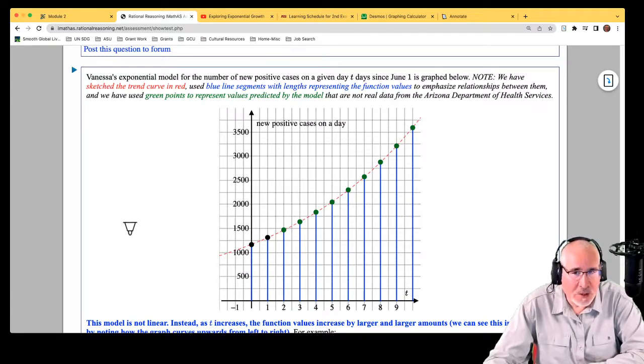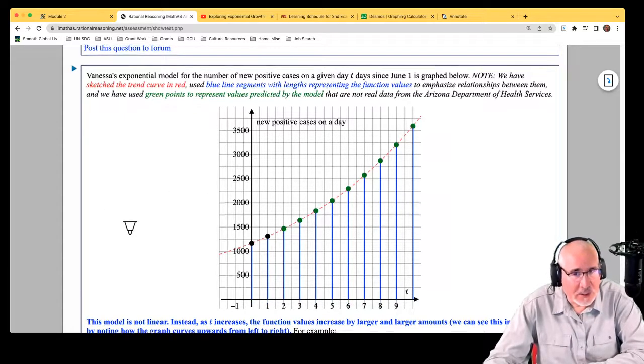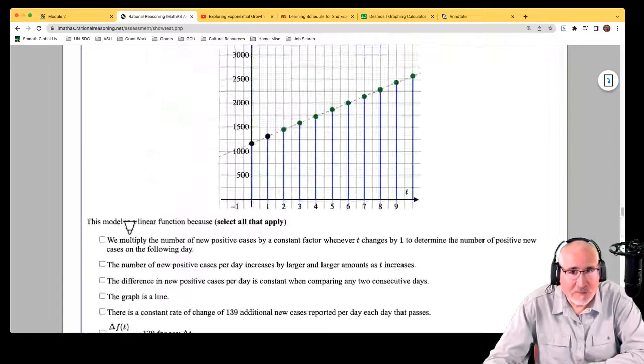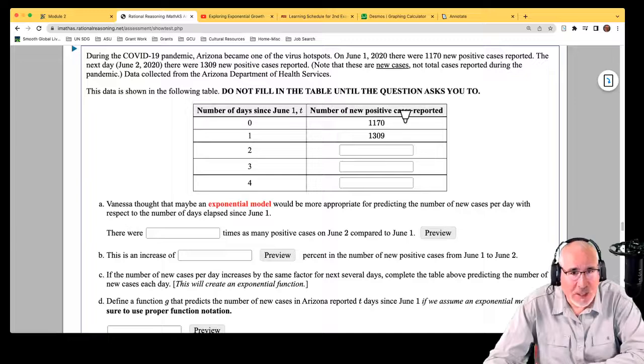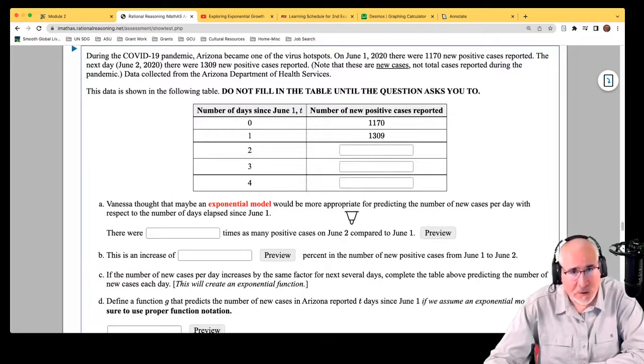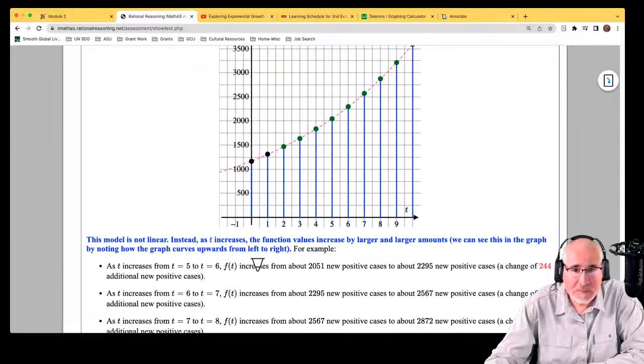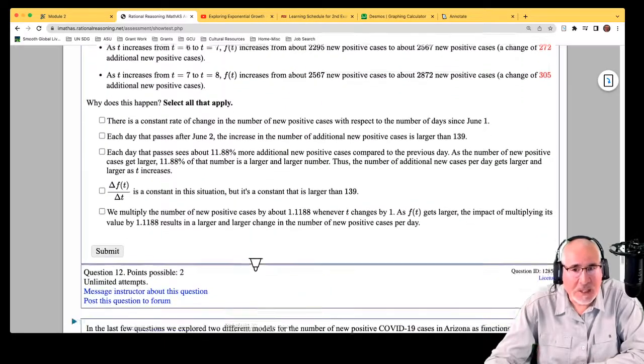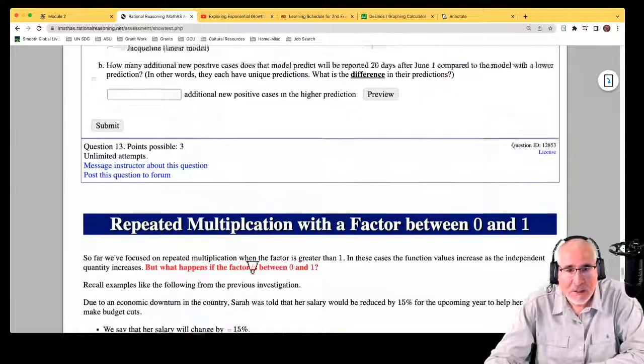And so we know the model is not linear. Okay. And again, you go through and you do the calculations, you get all the numbers, and then you can graph them. Now there's a way to do that with the TI calculator, and we will get to that probably later in another lesson. Okay.